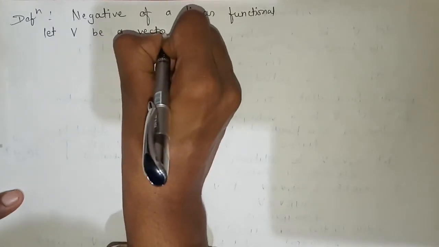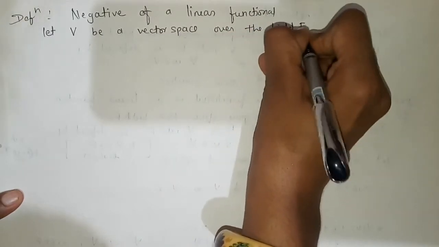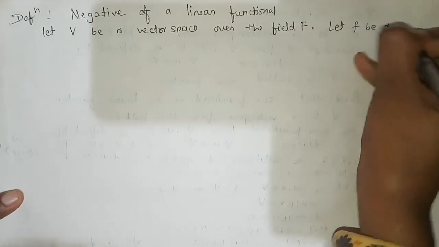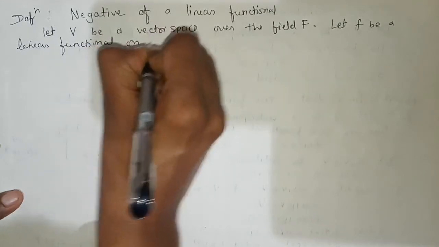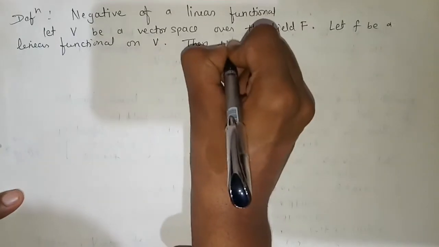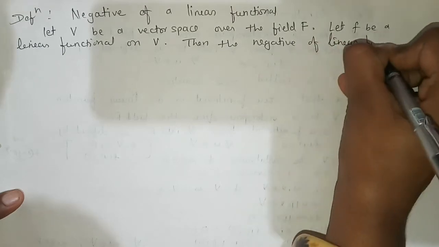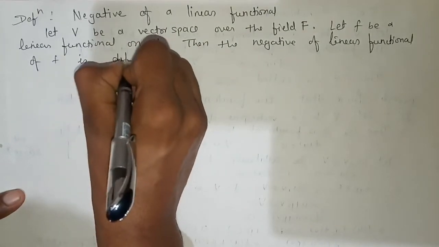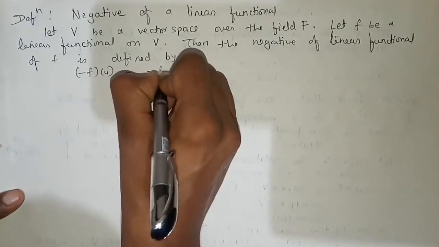Now we are supposing that V is any vector space over the field F. Now we are again supposing that f is a linear functional on this V. Then the negative of the linear functional f is defined by (minus f)(u) is equal to minus f(u).